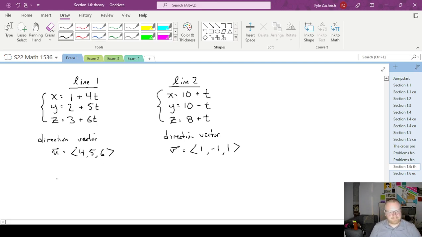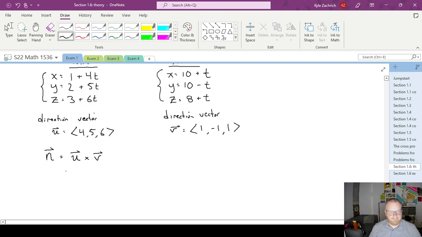Okay, so direction vectors. My normal vector is going to be U crossed with V, for both of them.